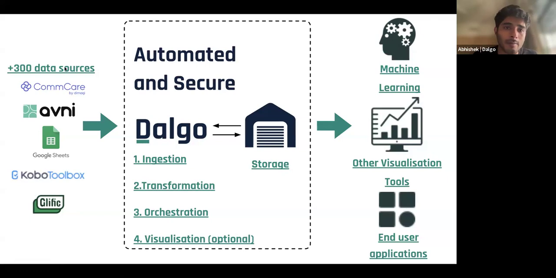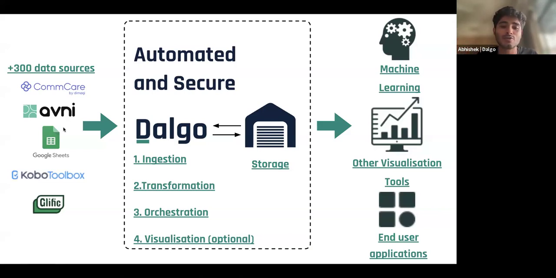Okay. So you could have a number of sources of data. And what Dalgo will do for you is, instead of having all of those sources of data sit in separate places, right? Google Sheets data in Google Sheets, Glyphic data in BigQuery, Kobo Toolbox data in Kobo Toolbox itself.